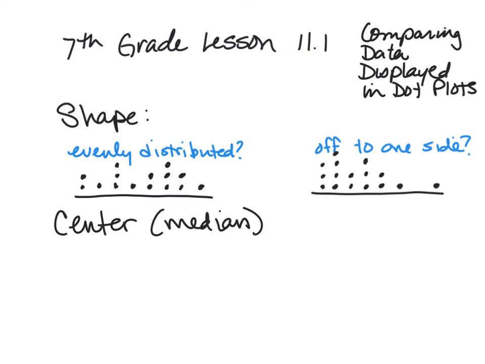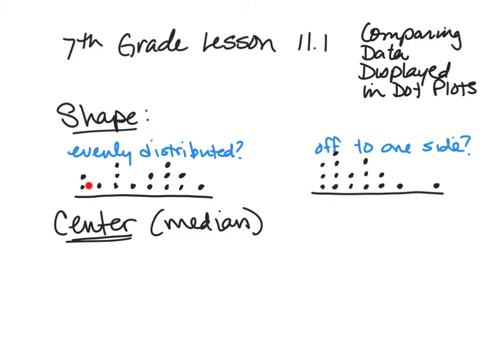The next word for how to describe is center. So we have shape, how it's distributed, and the center of the data. If we have a set of numbers here, we would find the median. Remember, the median is, if all the numbers are ordered from least to greatest, the very middle number. What's the very middle value, or the center?